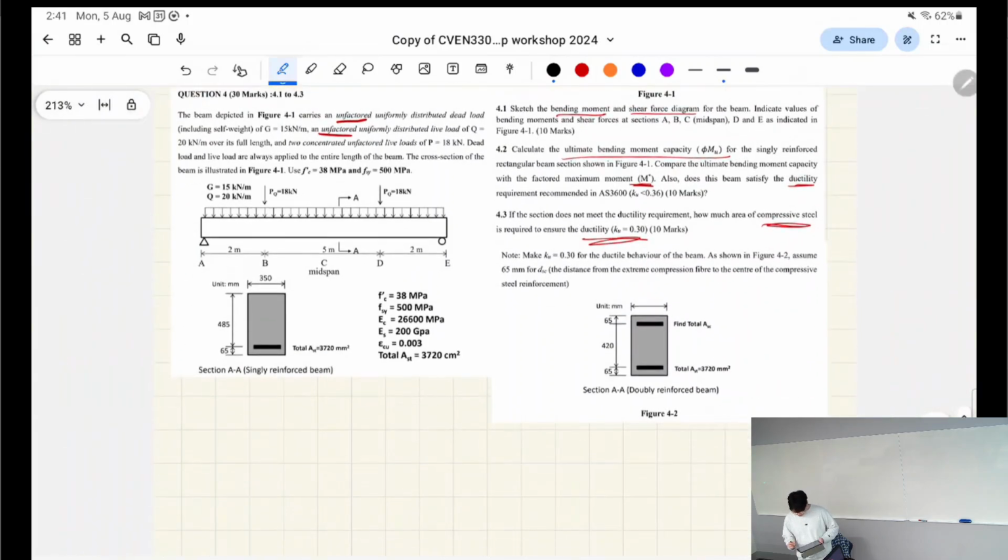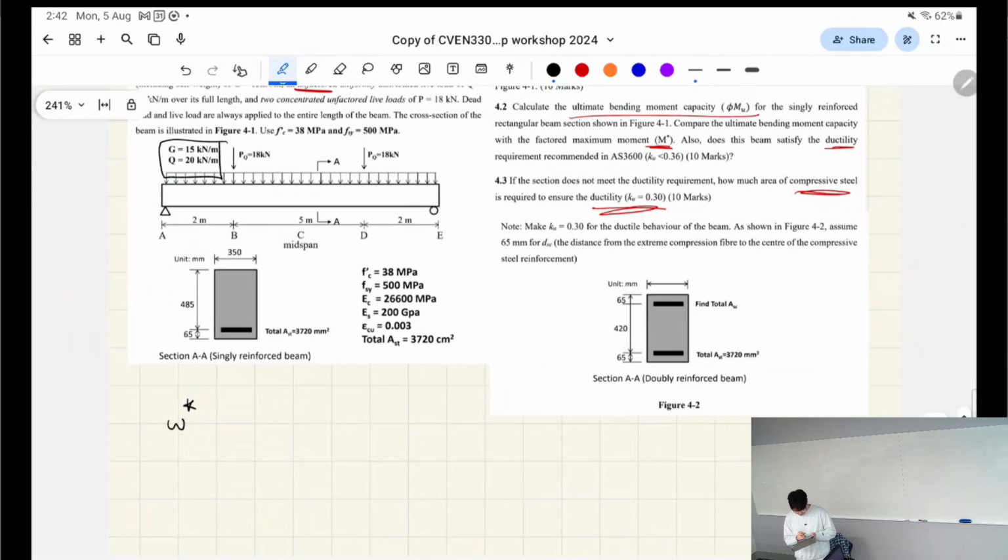Okay, so basically we're going to find the factored distributed load first, right? Because these point loads are going to be accounted for separately, essentially. So we're just trying to find the factored uniformly distributed load which acts over the entire beam, right? This is basically the max of two numbers. One is 1.35 G and the other is 1.2 G plus 1.5 Q, okay?